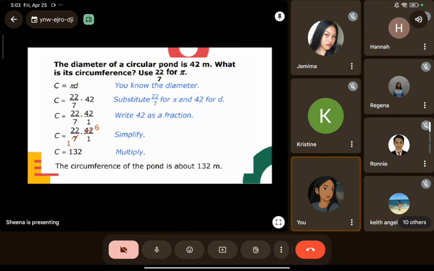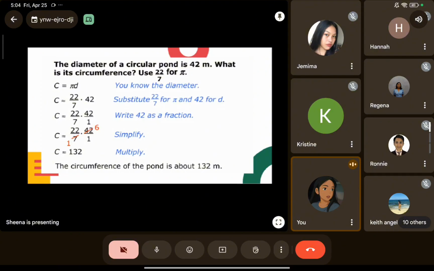Let's focus on 7 and 42. 42 divided by 7 is 6, and 7 divided by 7 is 1. Then we multiply by 22. 22 times 6 is equal to 132.